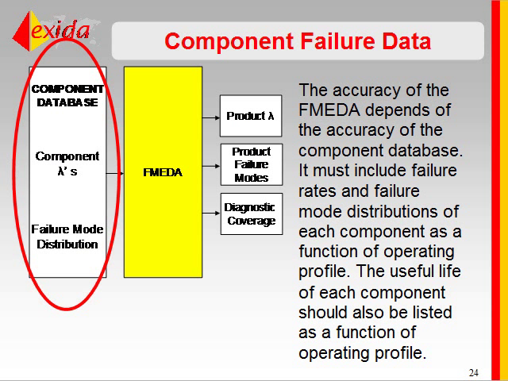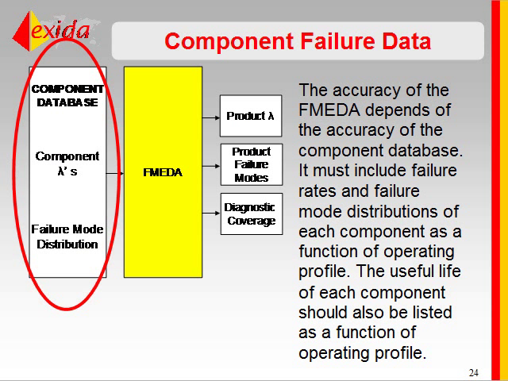Many of you by now have caught on to the fact that the accuracy of an FMEDA depends on the accuracy of the component database. If the component database is full of garbage numbers, the FMEDA analysis will generate garbage numbers.